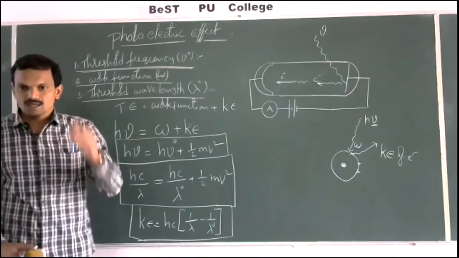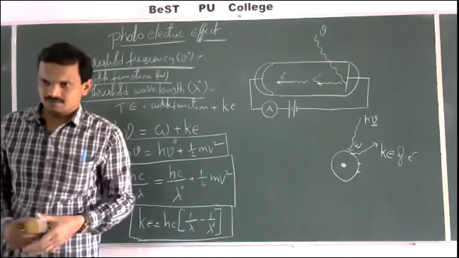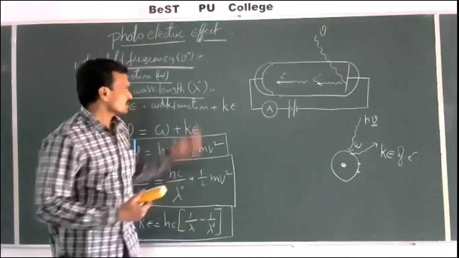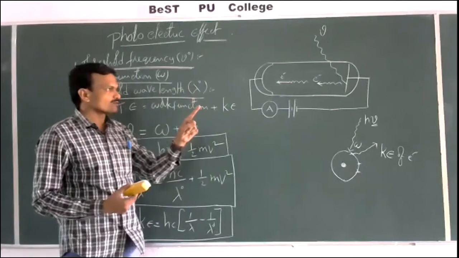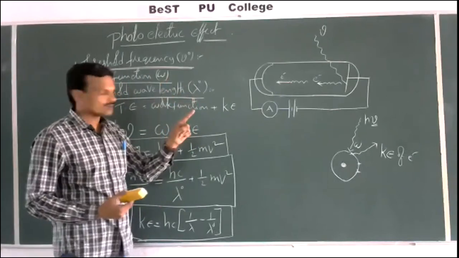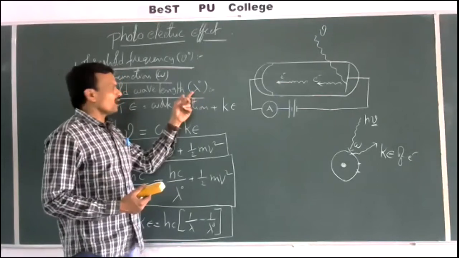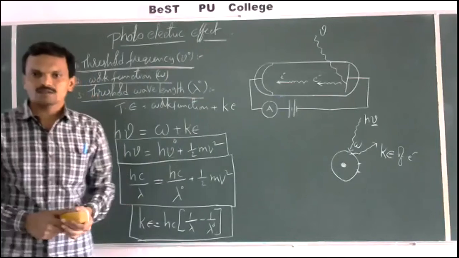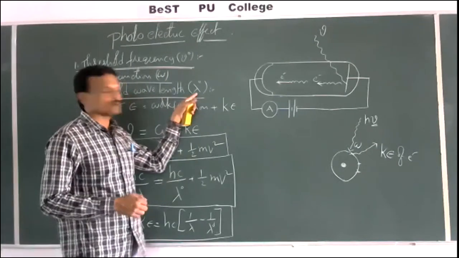Means if the wavelength of the radiation is more than that, then electrons cannot be ejected. The wavelength of the photons of the incident light must be equal to lambda naught, or it should be less than lambda naught. It should not be more than lambda naught. That's why we are using lambda maximum.